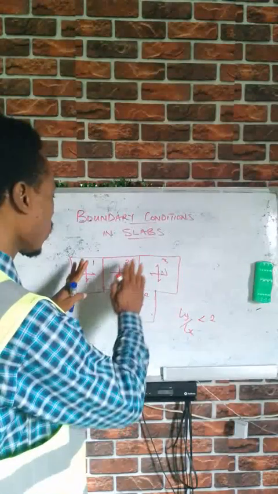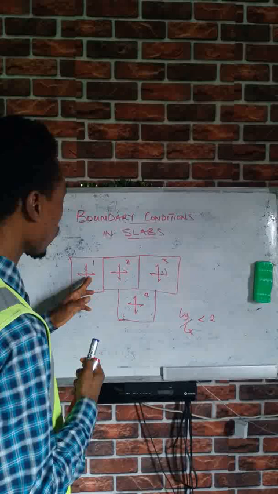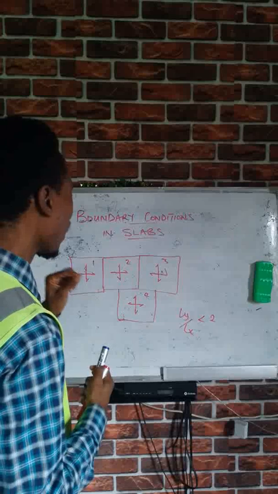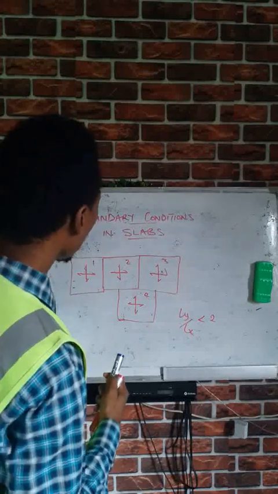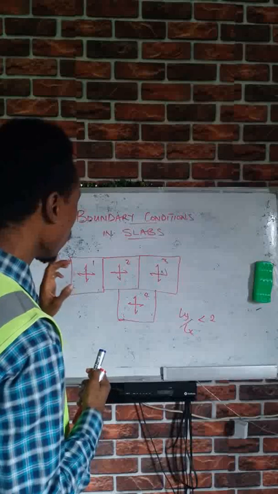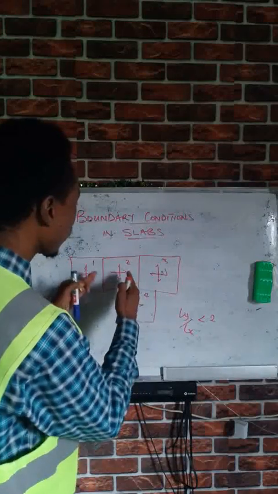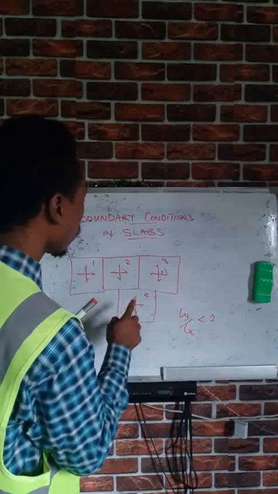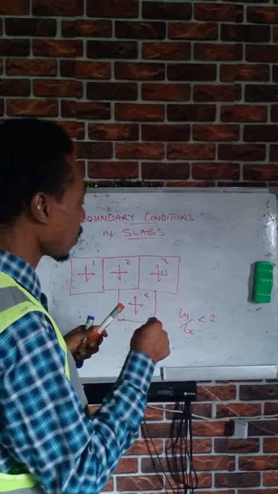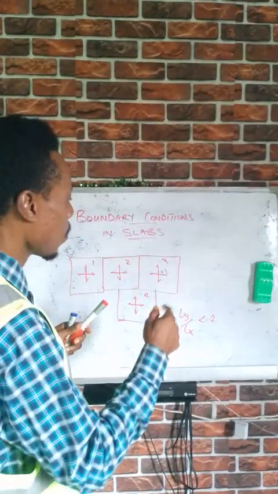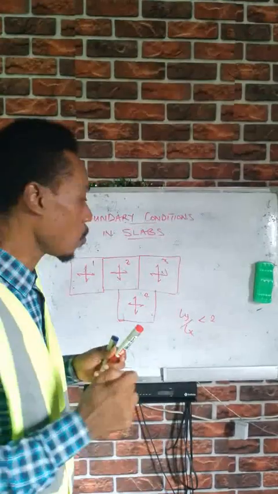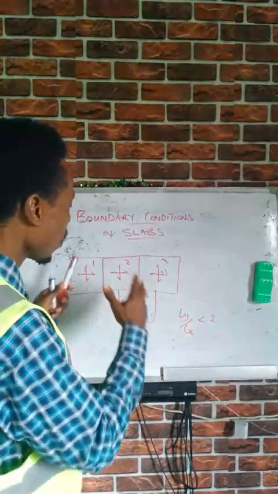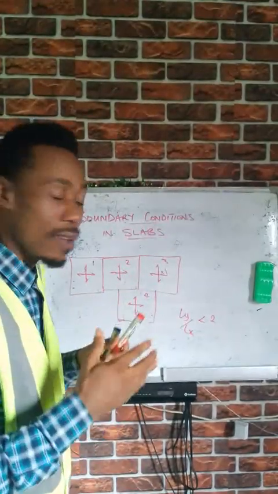So, for example, this is a slab, and we have allocated them into panels. The other thing we want to look at now is the boundary condition. We know that all of these panels are hinged to beams, so we must ascertain their true boundary condition to enable us to extract the moment value from our coefficient table, so we can determine the moment generated within that panel and design for the reinforcement.